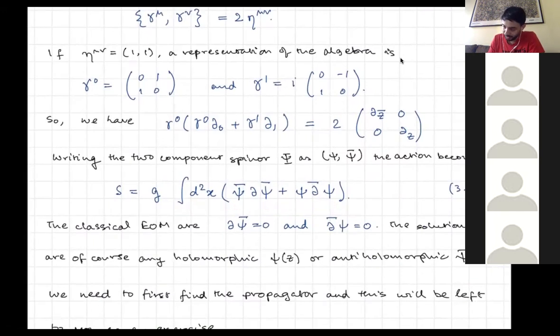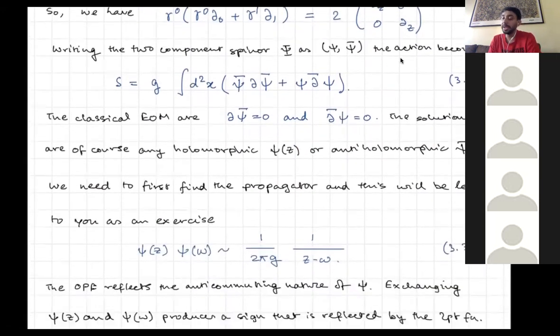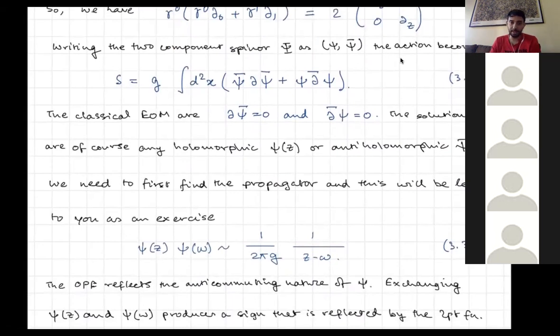The classical equations of motion will be del of psi bar equal to 0 and del bar of psi equal to 0, which essentially means the solutions will be any holomorphic function psi of z, or an anti-holomorphic psi bar of z for this one. We need to find the propagator, and as I said, this is left to you as an exercise.